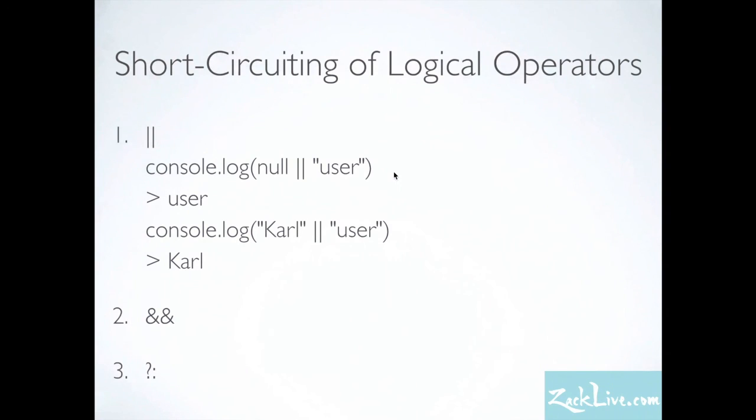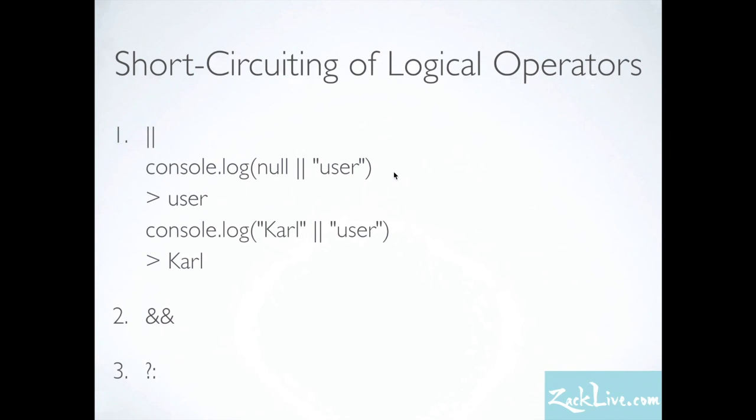The last thing we want to talk about is the short-circuiting of logical operators. It means if JavaScript can figure out the answer from the first part of the expression, it will ignore the rest. Let's take a look at the first example.